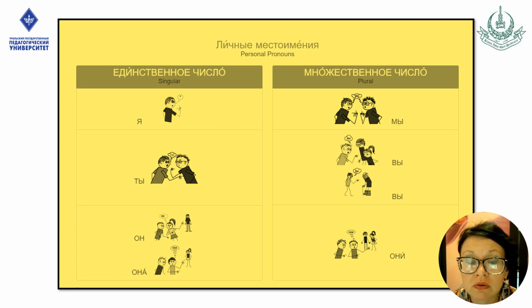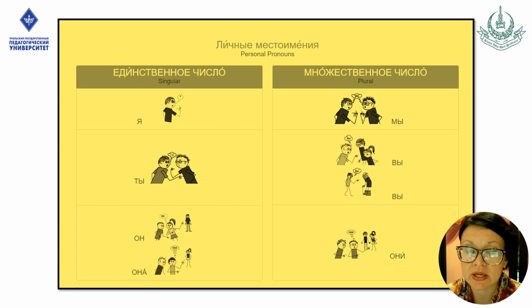In Russian, вы corresponds to English you. Вы. Don't forget to press this sound, right? As if you are pressing e, but you say it with an effort, as if you make your throat stiff and say вы.